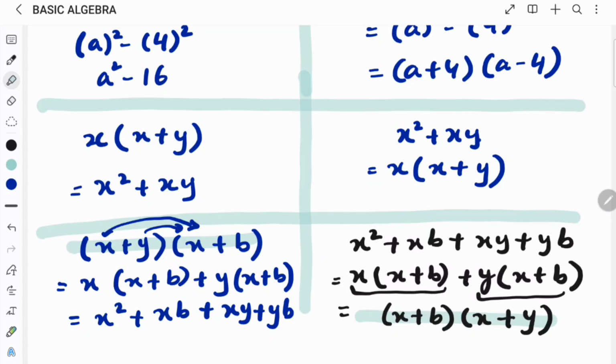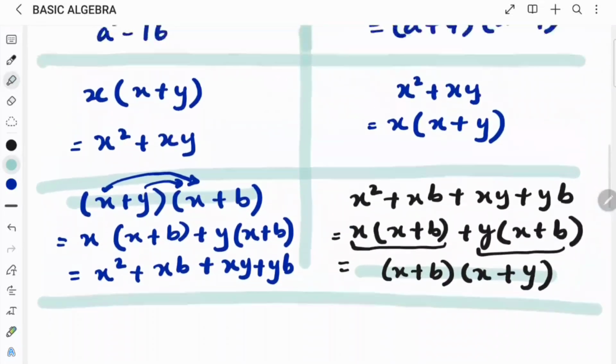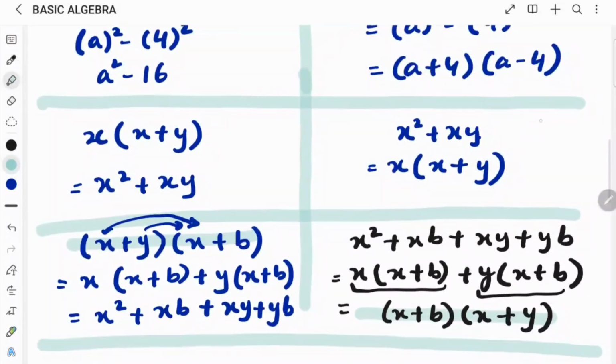Go more now. I've done with the common and then the grouping. Now few examples of breaking the middle term. So you all have understood the reverse of expansion is factorization. Now I'm not doing every time expansion and factorization of the same question. I'm going to breaking the middle term. So this was the first example.